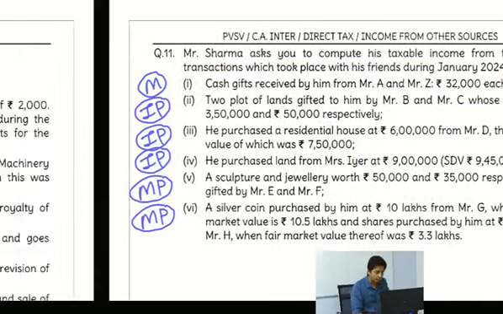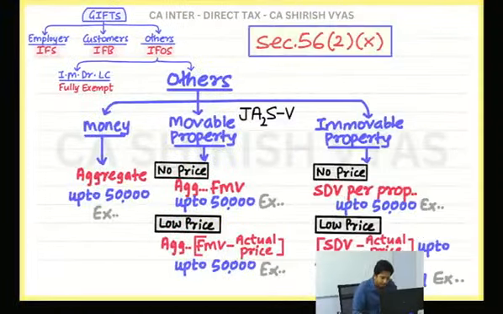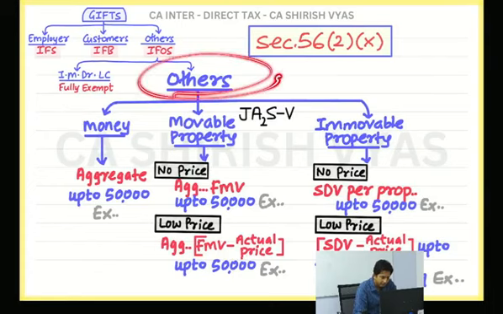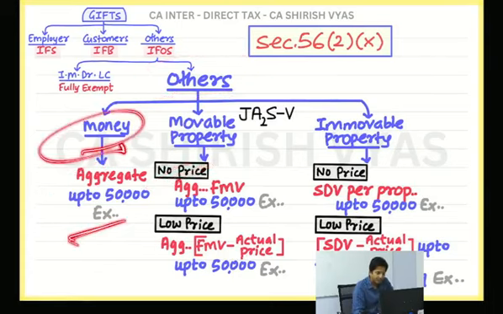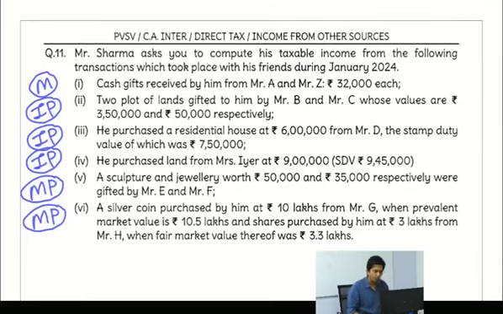And in other gift also, is it money, movable or immovable? Money. So aggregate of the whole question. In the whole question we saw, this is the only point of money gift. So total up 32,000 each, 32 each, so totally 64,000.